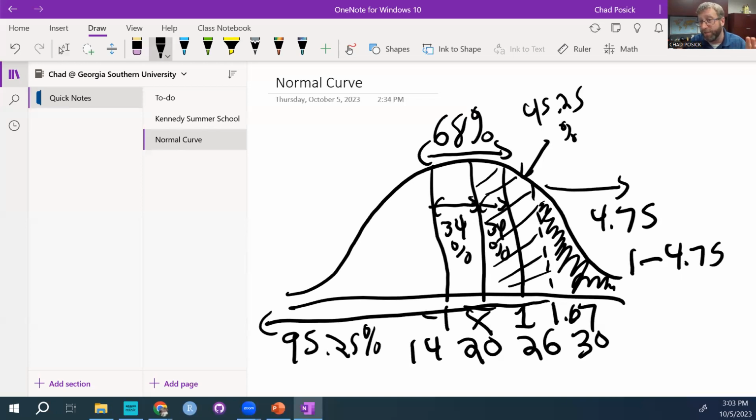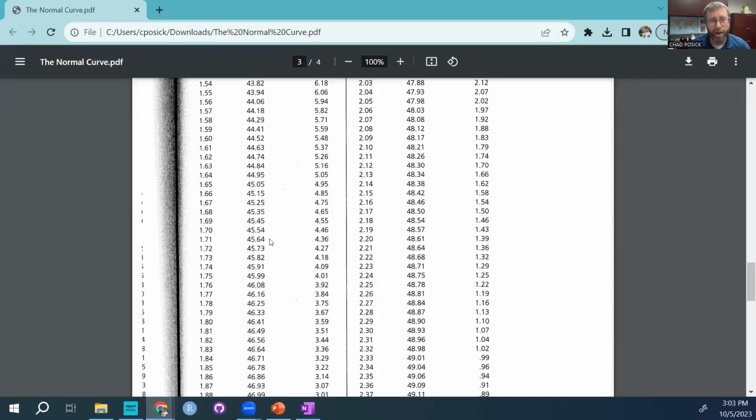So if you had a negative z-score, you could still use everything that you see right here, because it's a mirror image, right? So we can just use the absolute value for a z-score. You don't have to worry about adjusting anything for a negative z-score because it's absolutely symmetrical in terms of the normal curve. So all of these percentages, all of these numbers stay exactly the same, whether it's a negative z or a positive z.